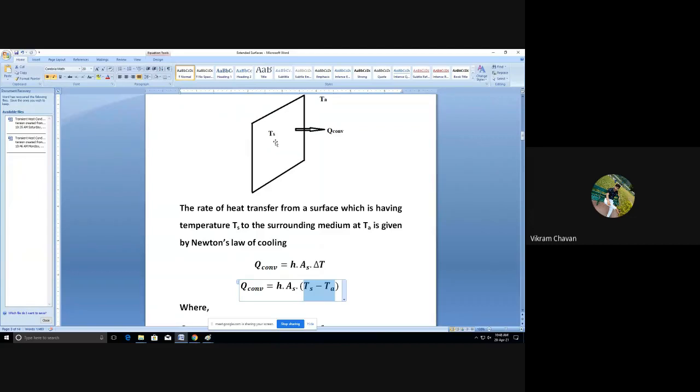It is not a good thing to increase the temperature of that PC or laptop, or any application, or we have to provide some extra arrangement over there. So it is not in your hand.